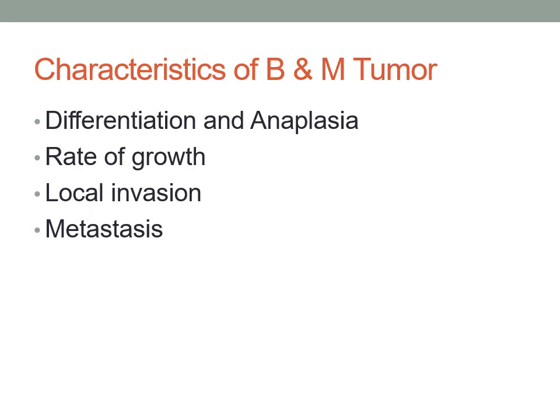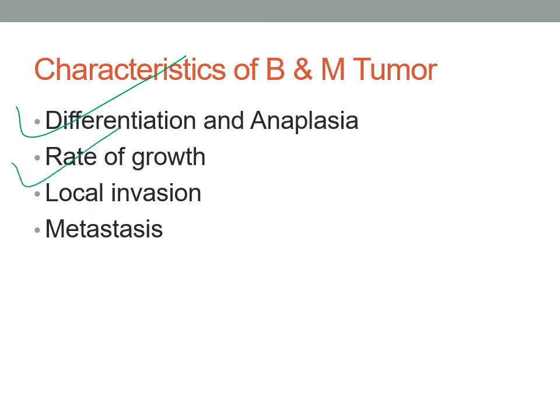Okay, coming to characteristics of benign and malignant. In the characteristics which differentiate between benign and malignant, we use the following criteria to differentiate them. We differentiate them based on morphology, differentiation pattern or degree of differentiation, and morphological appearance, microscopic appearance of these cells, whether they are well differentiated or poorly differentiated.